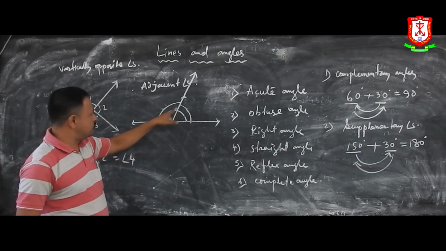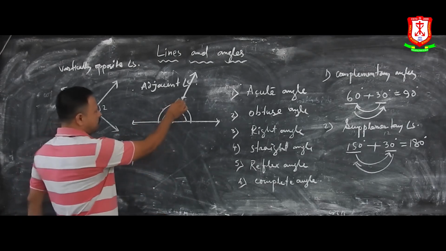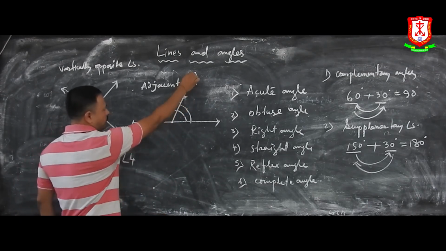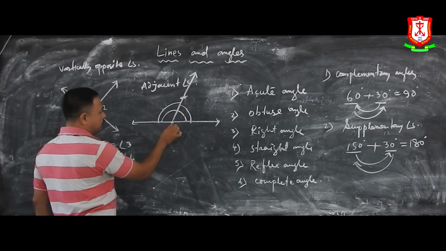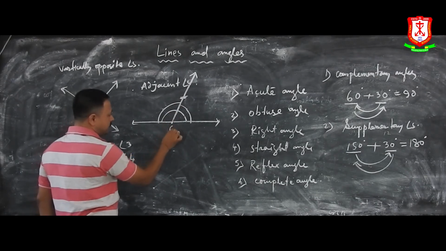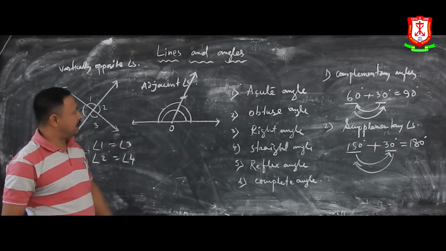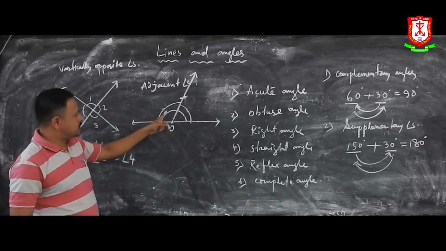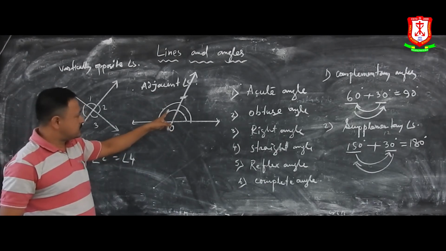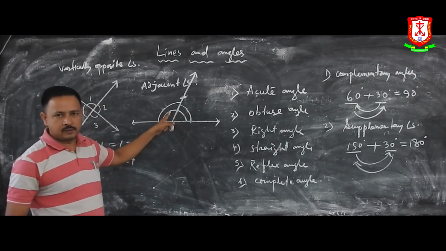So see, these two angles have a common arm, this one is the common arm, and both the angles start from a fixed point O. So these two angles are called adjacent angles.